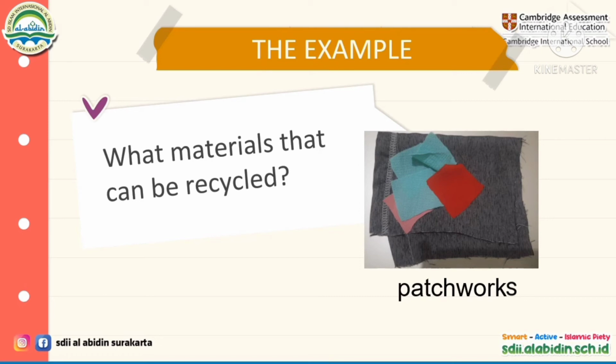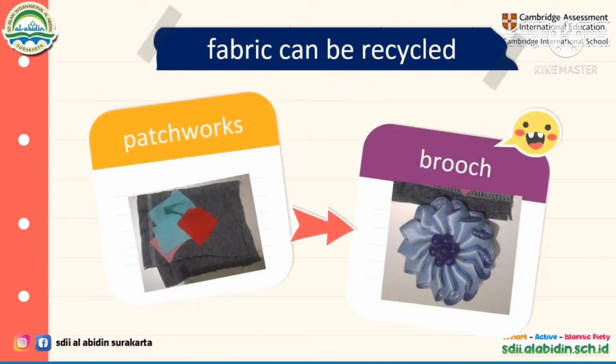This patchwork we can use as recycled material. We can use it for a lot of things, for example a table cover or a curtain, things that we can use at home, so we don't need to throw it away.